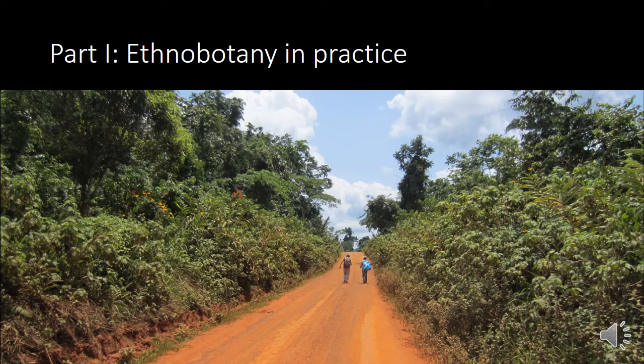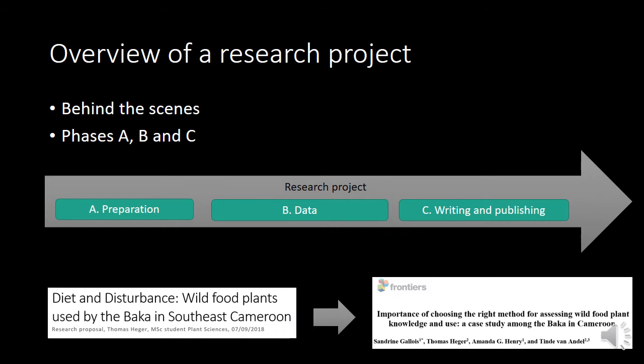So let's get into the Baka story again, but now from a different angle. The main thing that I want to talk to you about in this first section is taking a research project from the first plan, the inception, basically, to the final product.